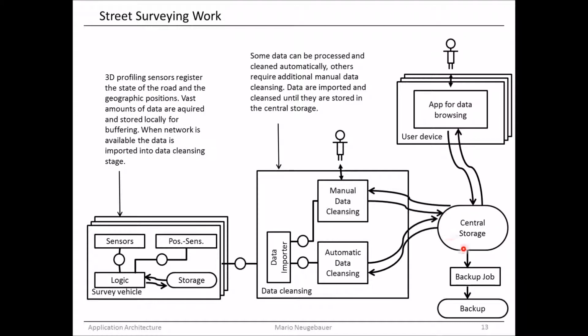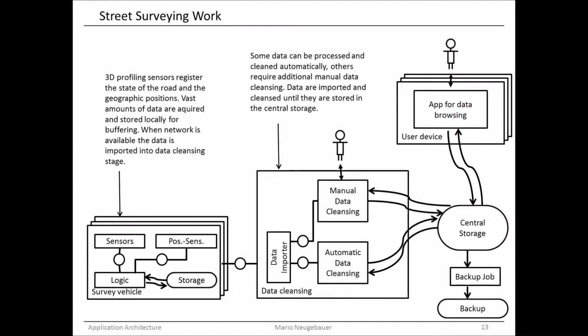And starting from the central storage, if data are stored there, then some backup jobs work for pulling a backup, so that you assure proper operation even if the central storage fails, that you don't lose all the survey data when, for example, a hard disk fails.